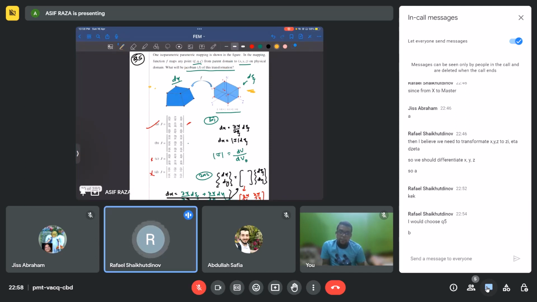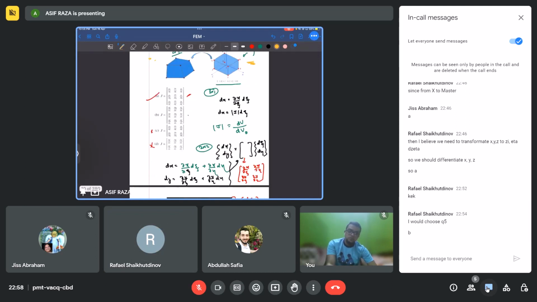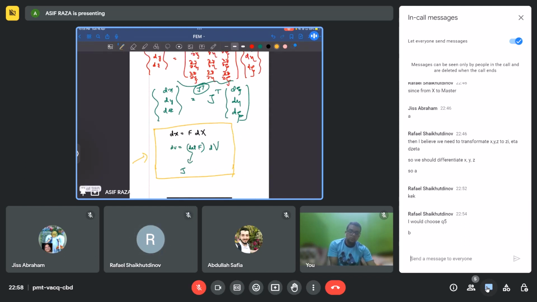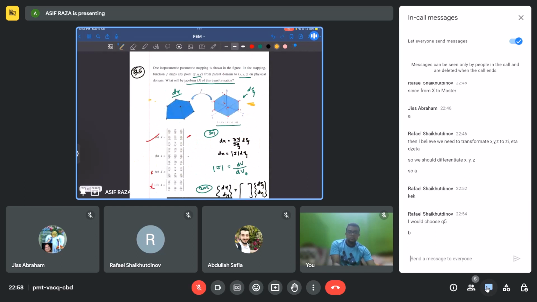Yeah, this F is the confusing thing here. That's why I'm saying, try to see this approach. It already says it's a mapping from xi eta zeta to xyz, so that's why I tried this approach.